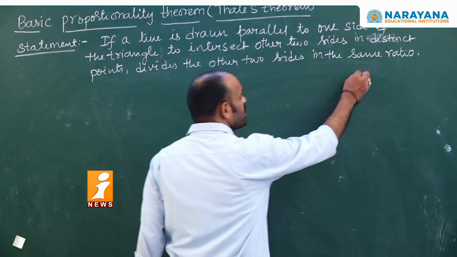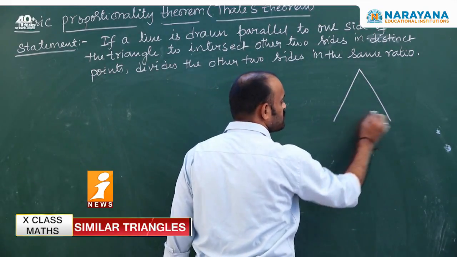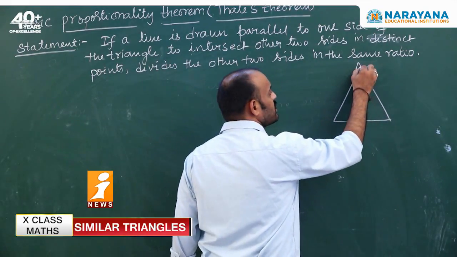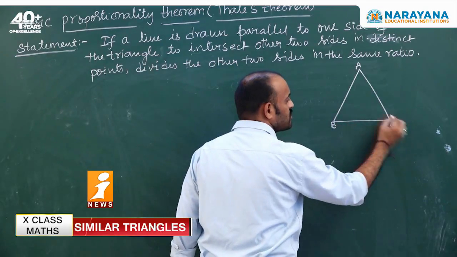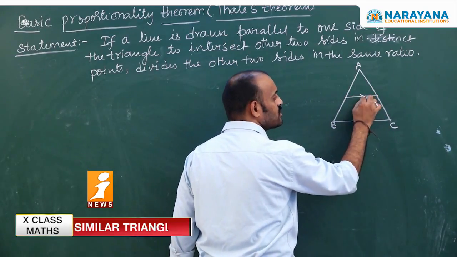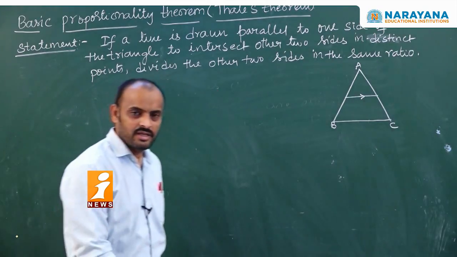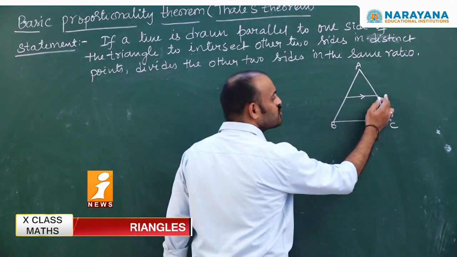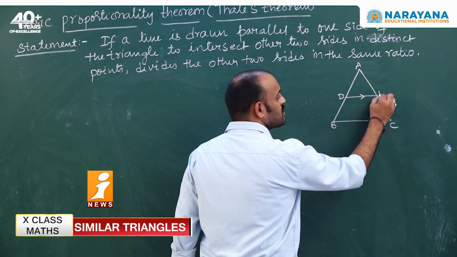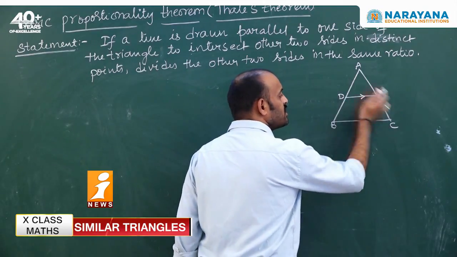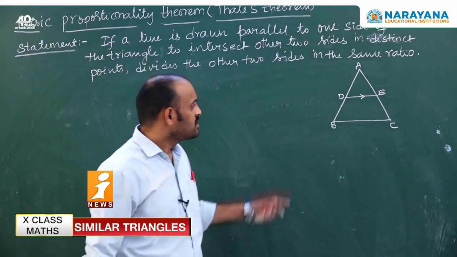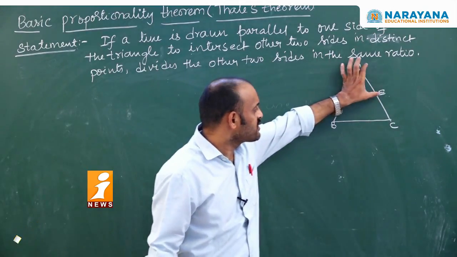For example, they have given a triangle ABC. One line is drawn parallel to one of the sides, intersecting the other two sides in two distinct points D and E. Prove that AD by DB is equals to AE by EC.